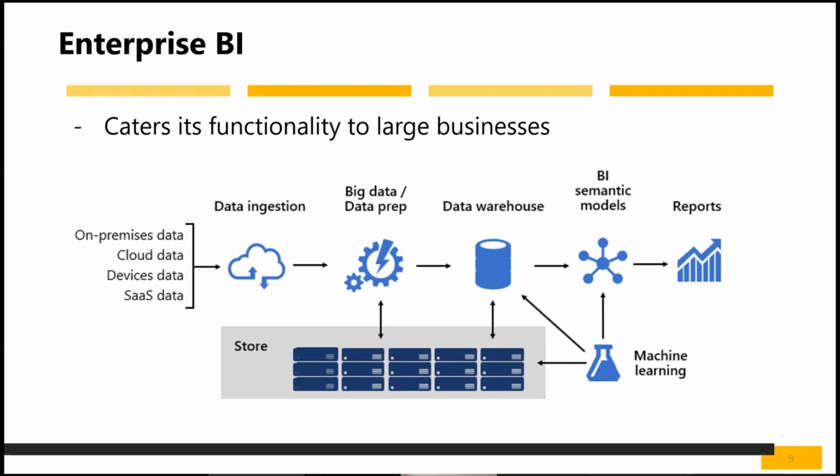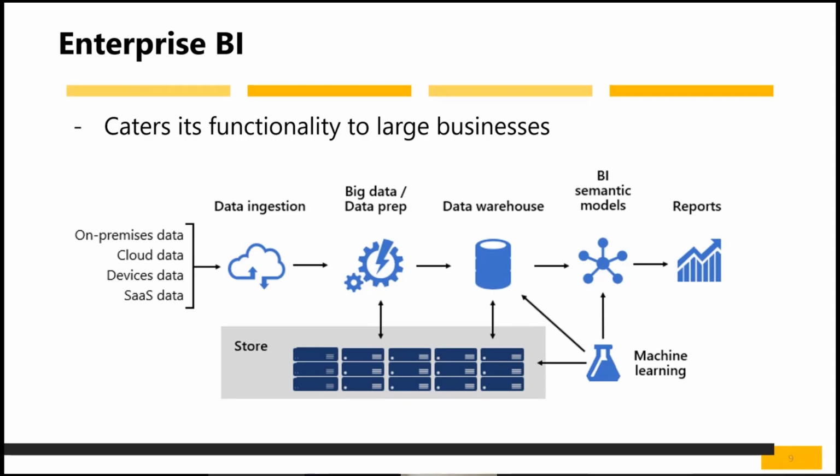Here, on the left hand side, you can see there is some on-premises data, and we all know we can get different kinds of data from different places. In the diagram, you can see on-premises data, cloud data, devices data, and SaaS data.